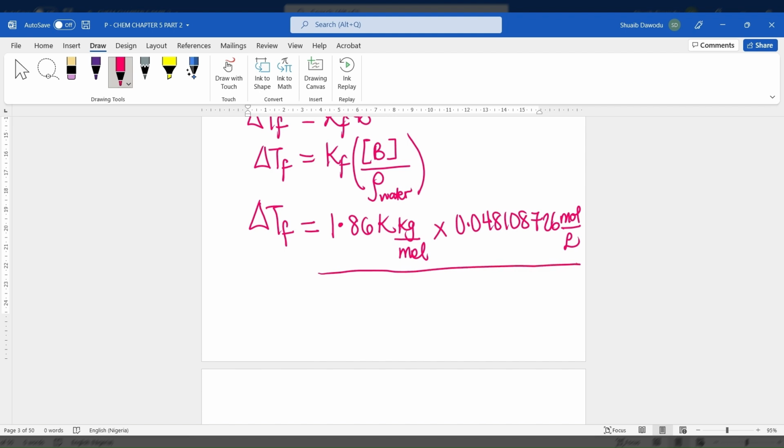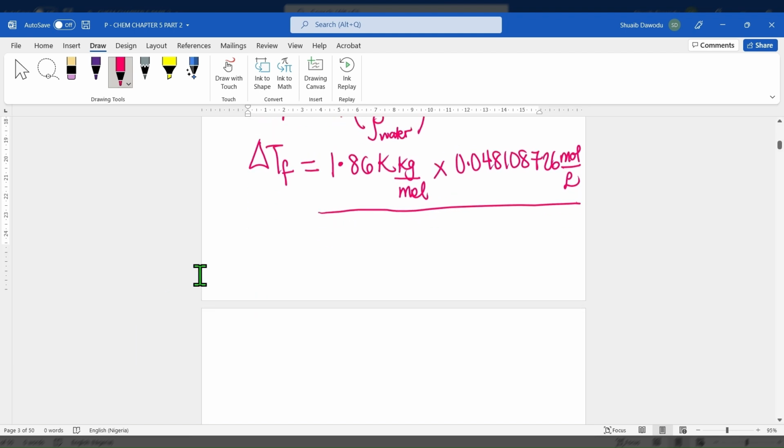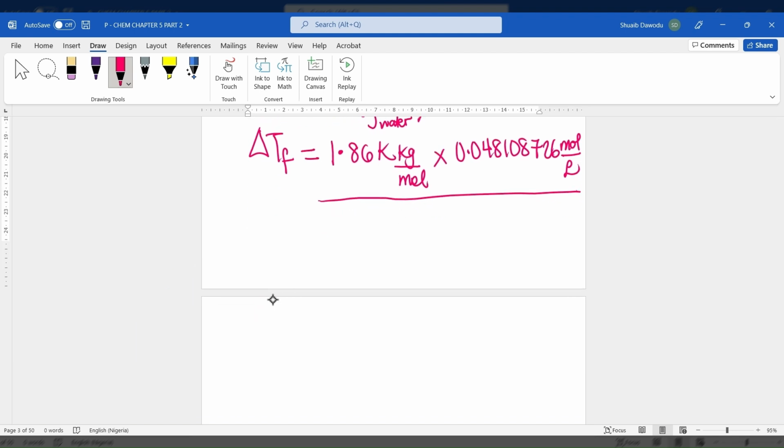Now, I want to quickly mention something that might confuse some of you. Remember that we're dealing with a freezing point equation question, and the key is understanding that the density that we need to use is the density of water at 0 degrees Celsius, because this is the freezing point of water.